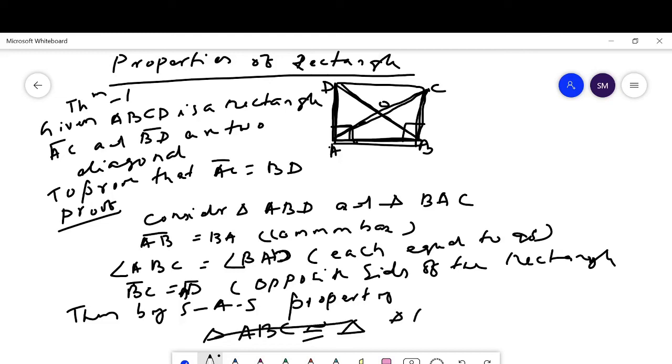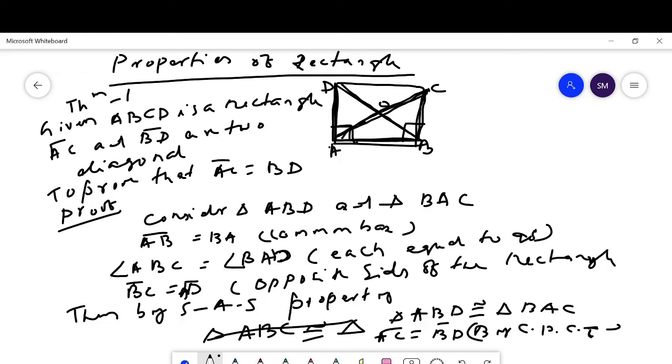Otherwise, the triangle ABD is congruent with the triangle BAC. Then AC is equal to BD by CPCT, meaning corresponding parts of congruent triangles. Hence, we prove that the diagonals of a rectangle are of the same measure, of the same length.